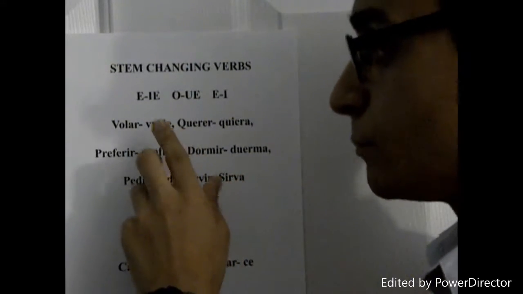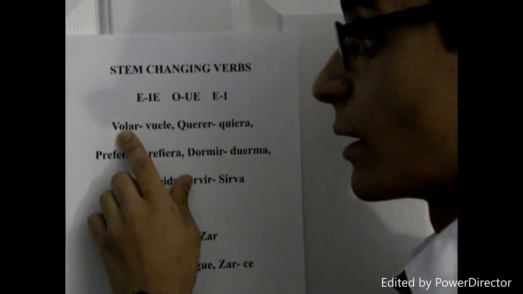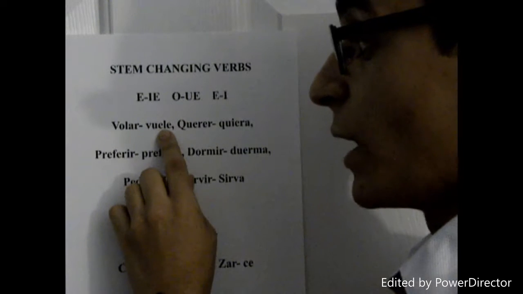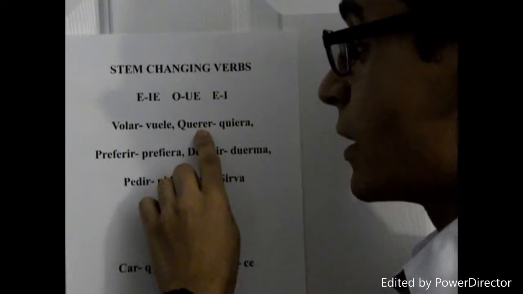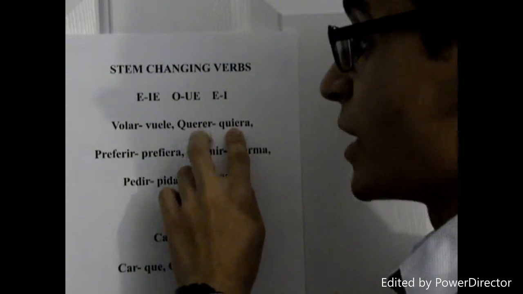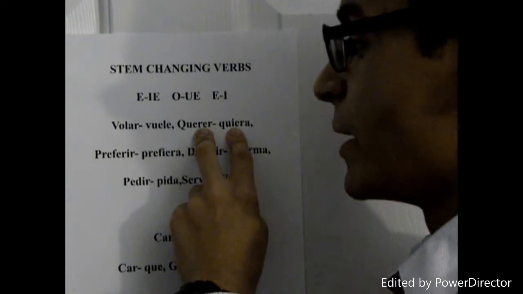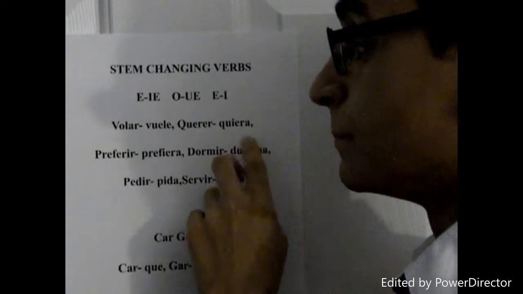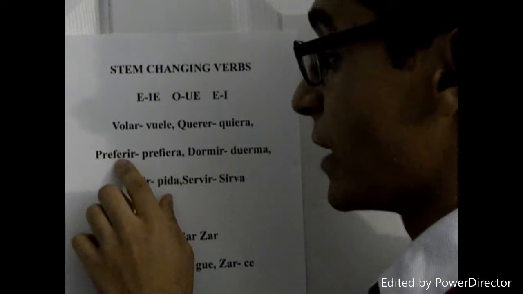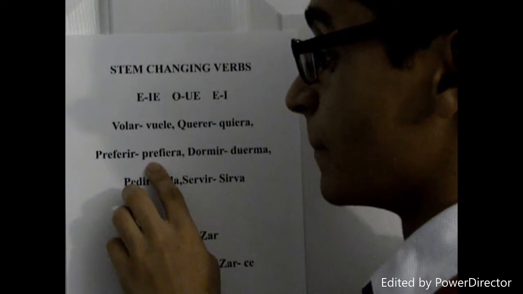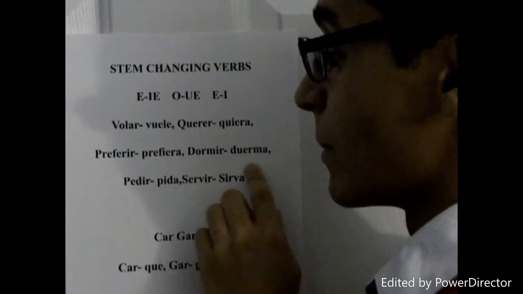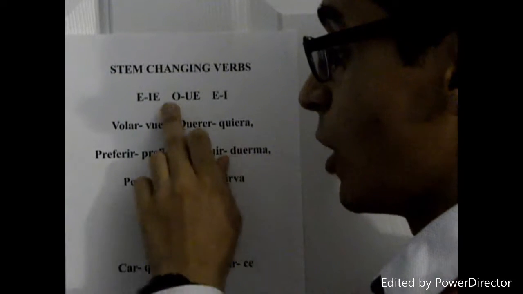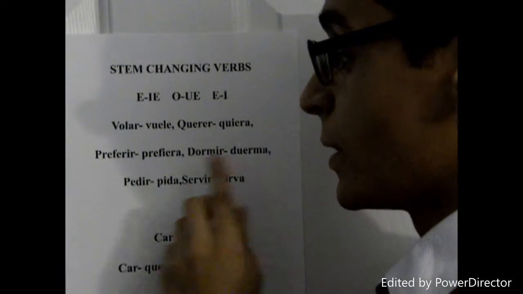In both of these, we see the O in volar becoming a UE in vuele. And in querer, we see the E becoming an I, making querer quiera. Next we have preferir becoming prefiera. Dormir becoming duerma. We see the O becoming a UE.